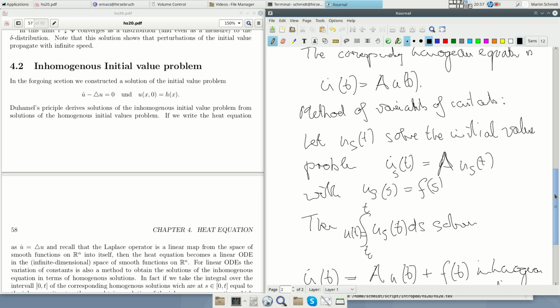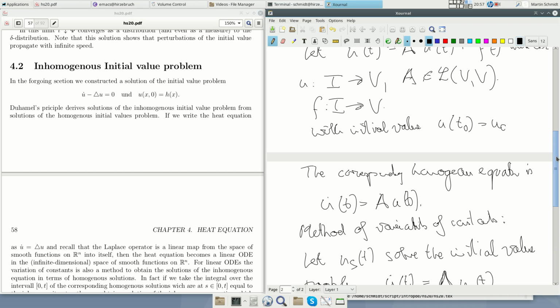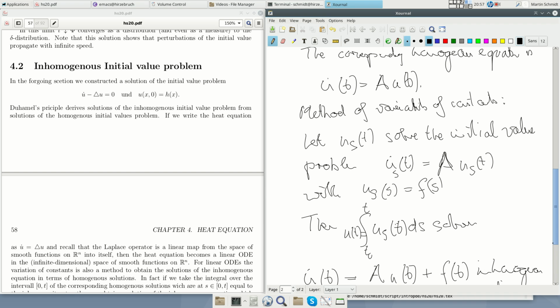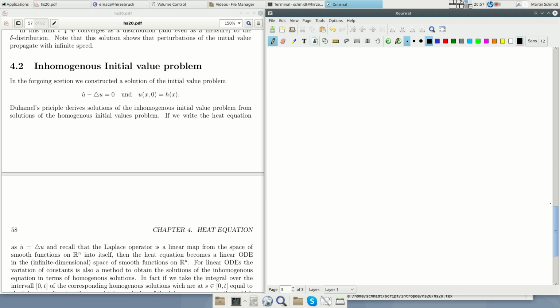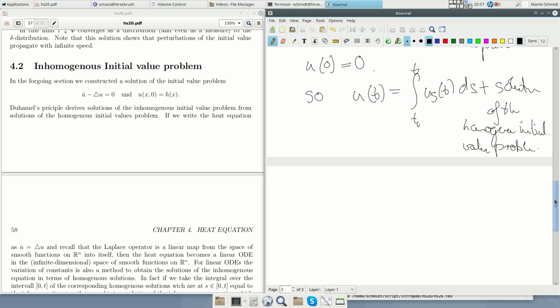Okay. Now let's do more or less the same. In which sense is the heat equation a linear ODE? We make A the Laplacian.